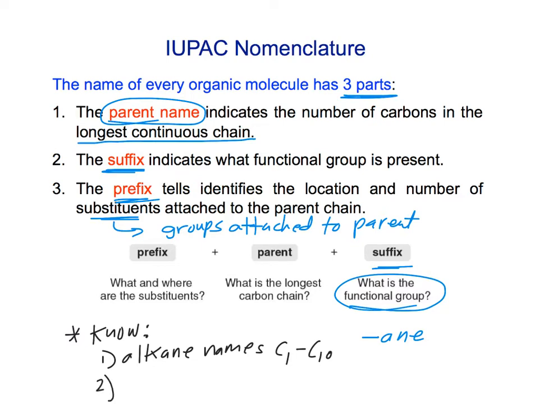The second thing is that you need to know the names of the alkyl groups. These are different carbon groups. To make an alkyl group, you take an alkane, like an ethane molecule, and take off one H so you can attach it to something else, and then it's called an ethyl group. If you don't know those yet and you're watching this video, go back and look at that before you go forward.